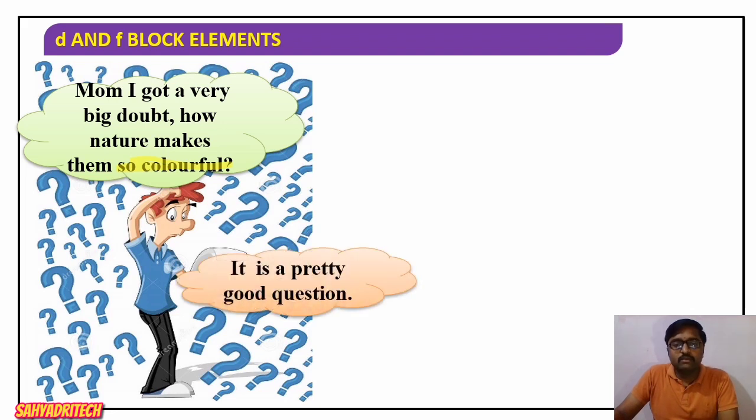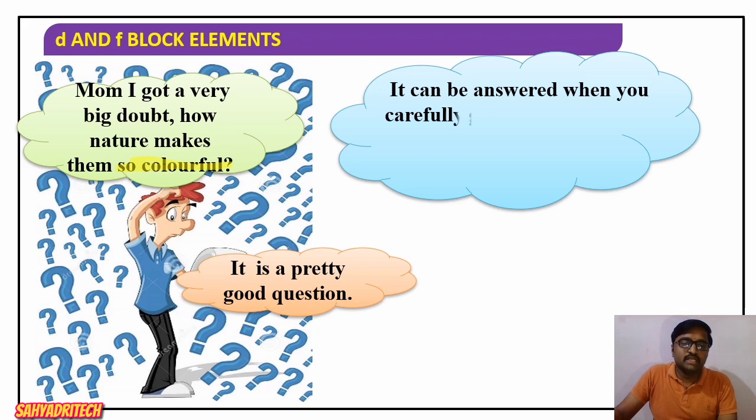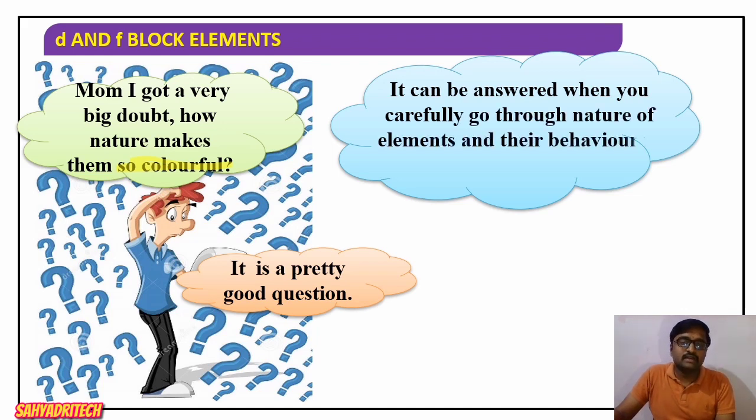Yes, it is a pretty good question to understand why we are getting different colors, or why there are various colors in the universe, or why this nature has such wonderful colors. It can be understood when we go through the nature of elements and their behavior, that is, of d and f block elements.